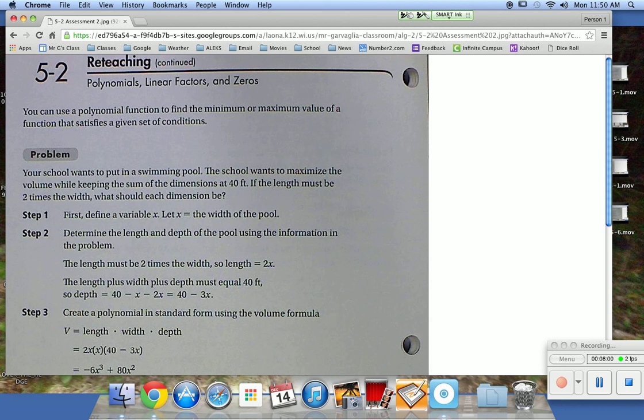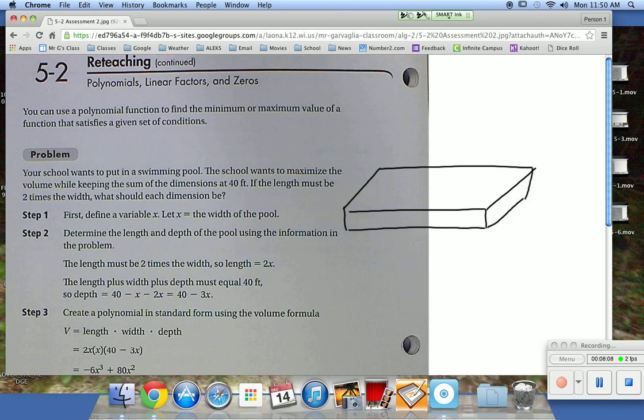We've got our pool like this. This goes over here. Nah, that's not quite right. This goes over here. All right.